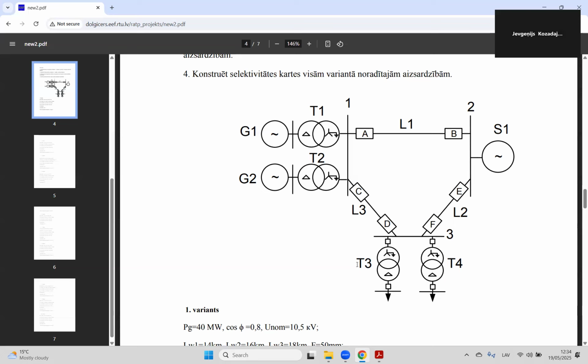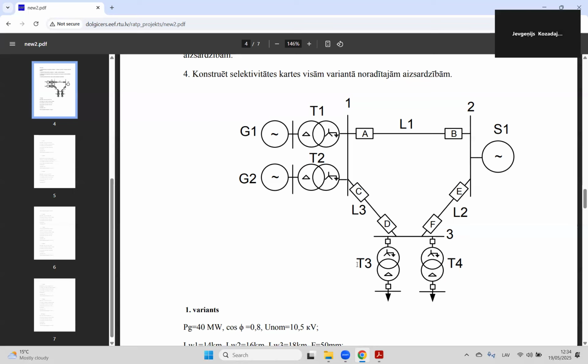So in this case, we could discuss, for example, protection A. Here we have 3 lines, and we're talking about line protection. If we call it line protection, it means that the main task is to protect the line.